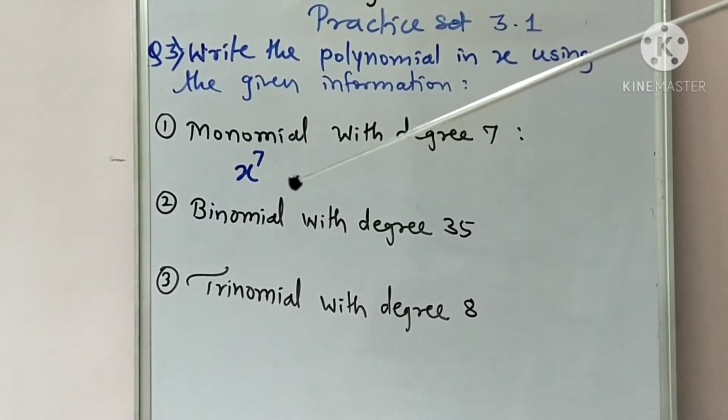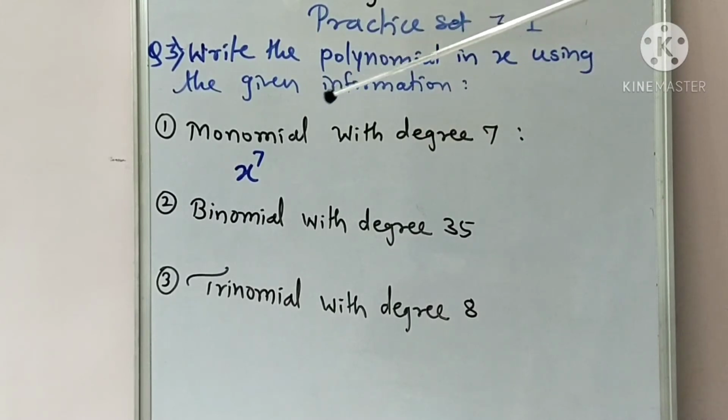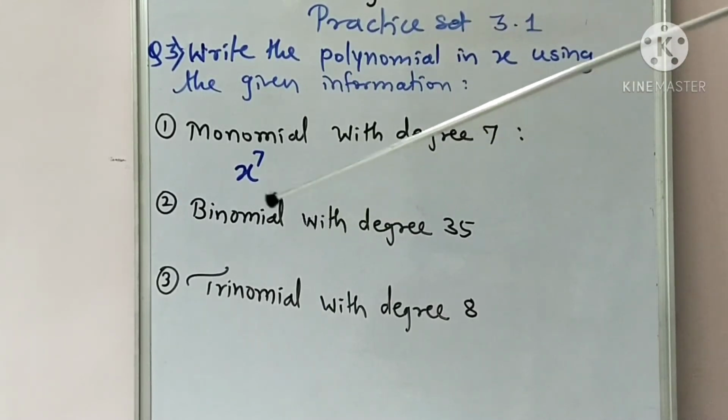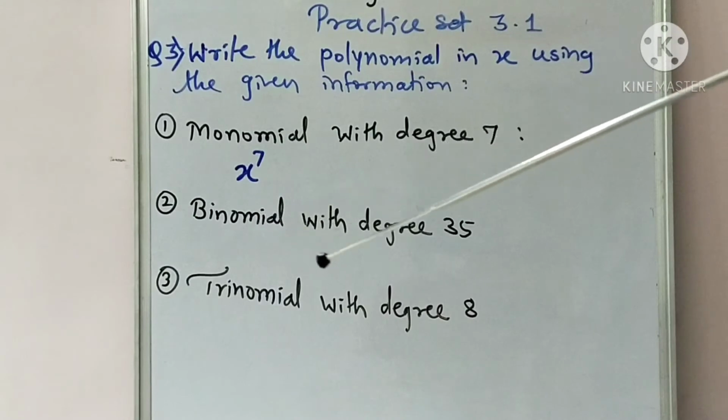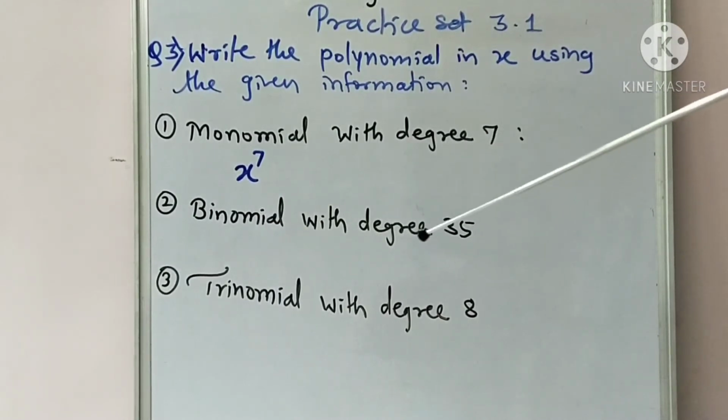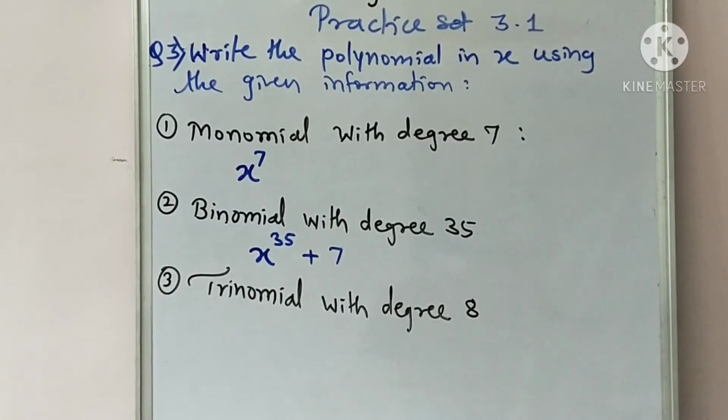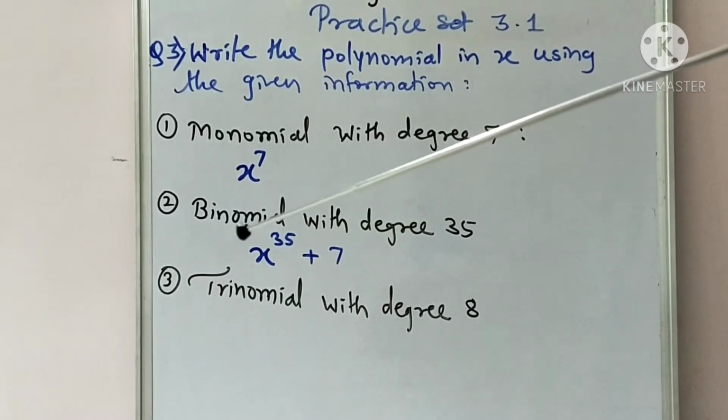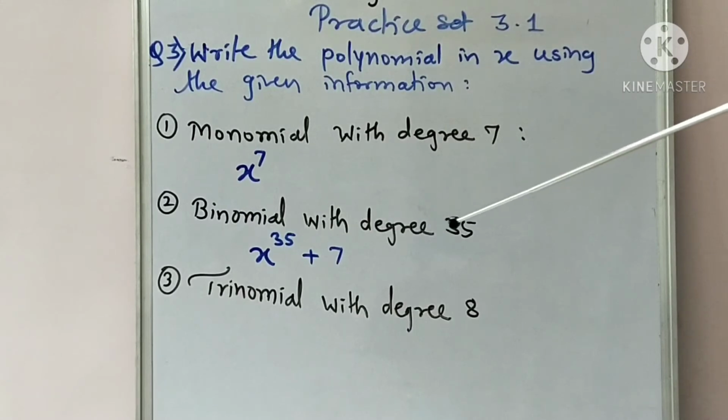Binomial means if in the polynomial there are two terms, then it's a binomial, but the highest power we have to take is 35. Like this, x raised to 35 plus constant term as 7. So here we have two terms, means it's a binomial with degree 35.